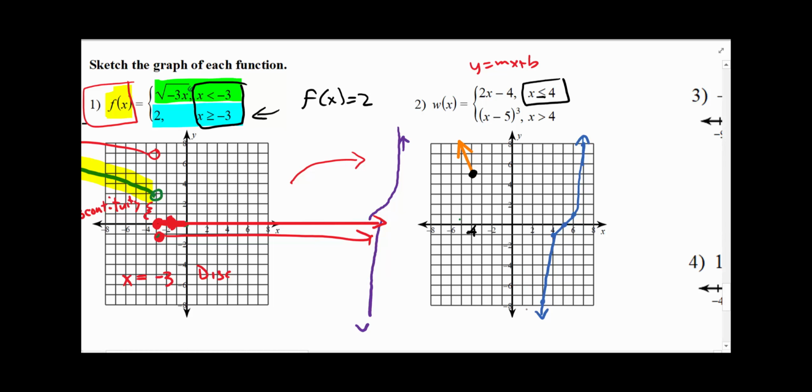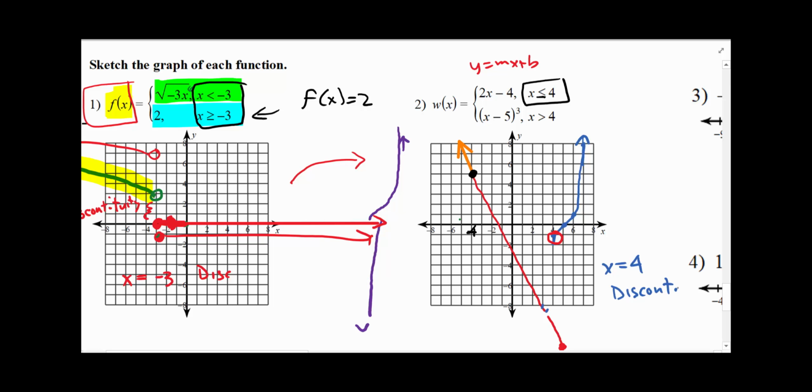So that graph would have looked like this, and it would have just kept going down, just like this. This cubic says the only thing that we care about are all the x values that are greater than 4. So there can be a hollow dot right there. And all of this stuff goes away. And where x is equal to positive 4, that's where there is a discontinuity.